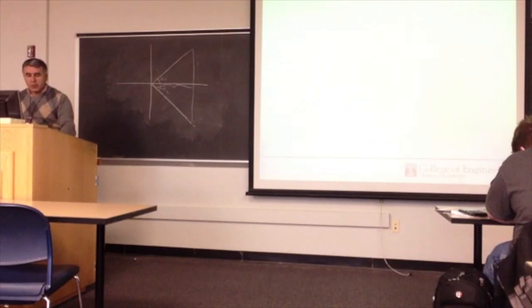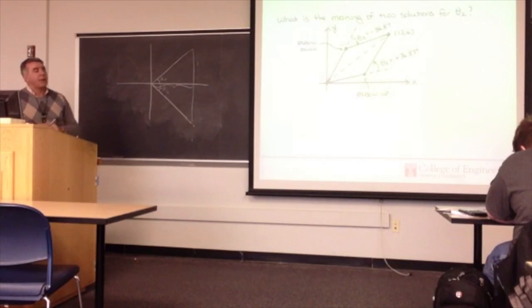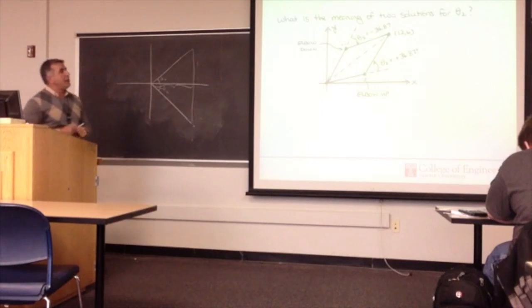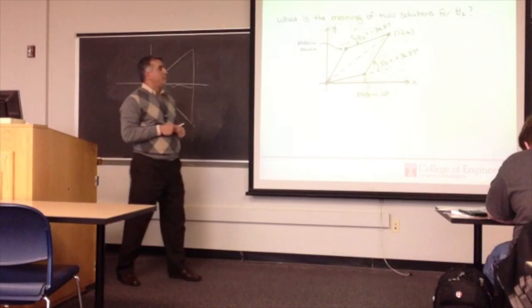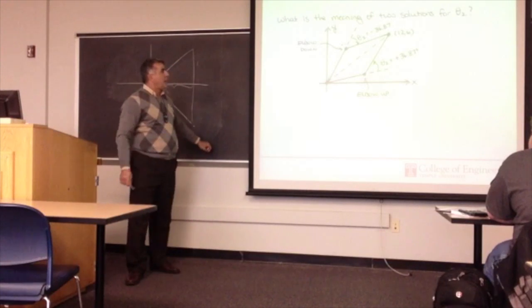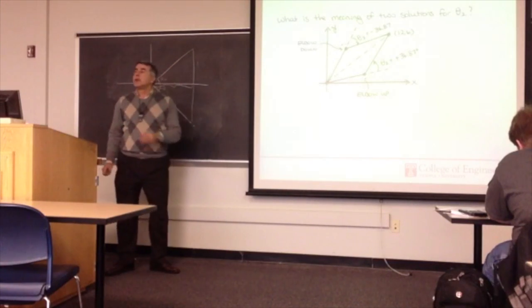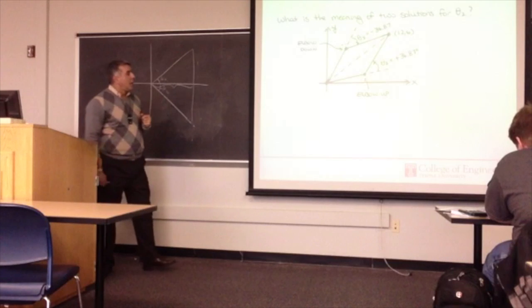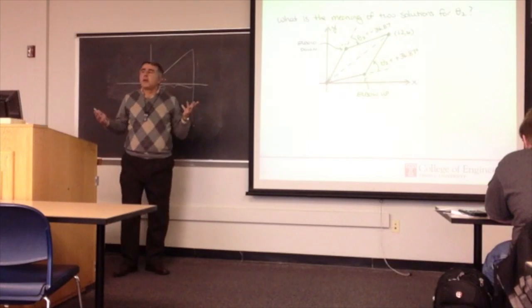So there are two answers right there. So what is the meaning of two solutions for theta 2? And this is what I'm showing you. There are two solutions. We still do not know what theta 1 is.